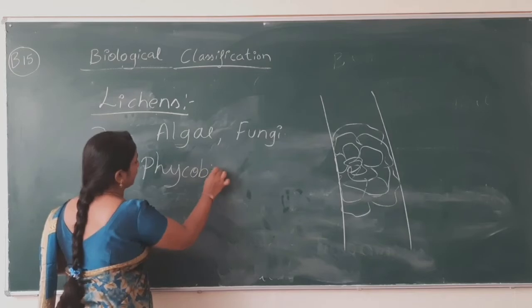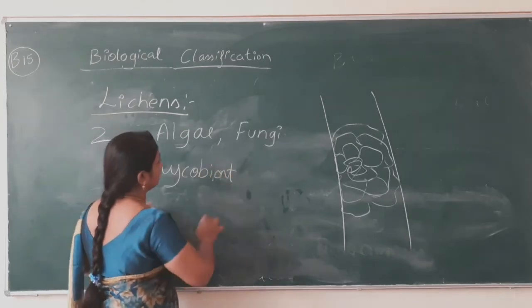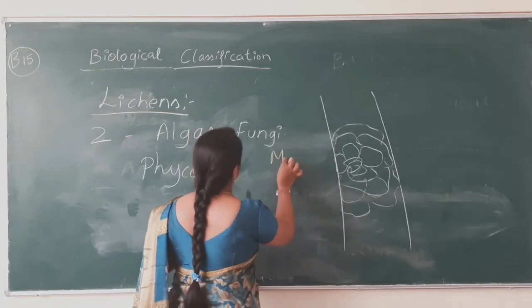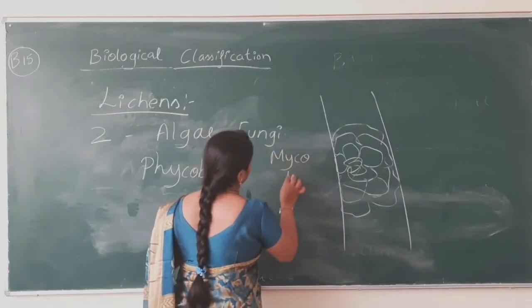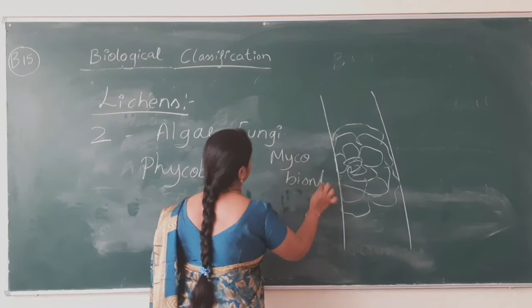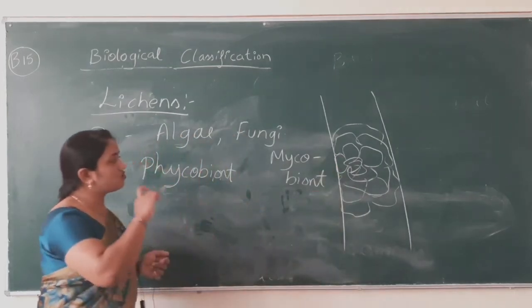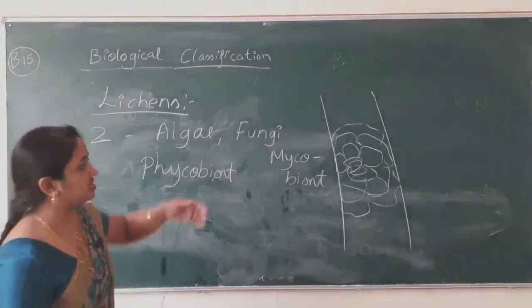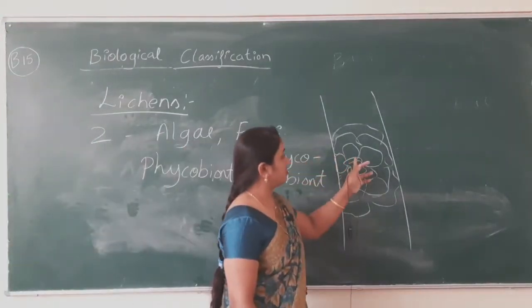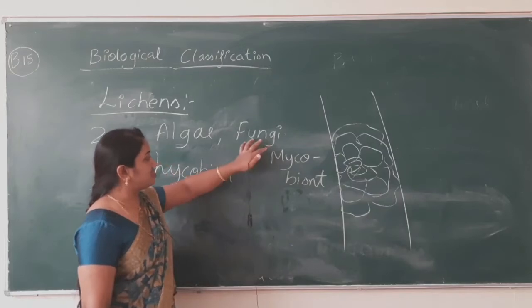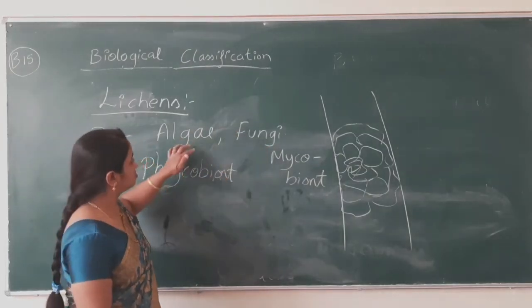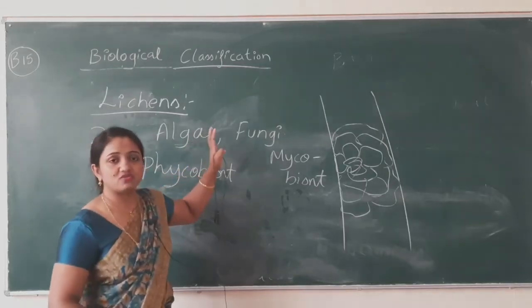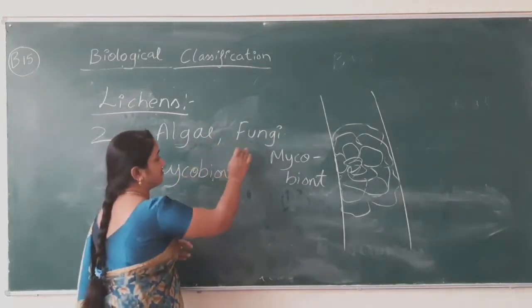Okay, so the algal component is phycobiont and the fungal component is mycobiont. How are they going to live inside the lichen? The algae is not harmed or disturbed by the fungi.